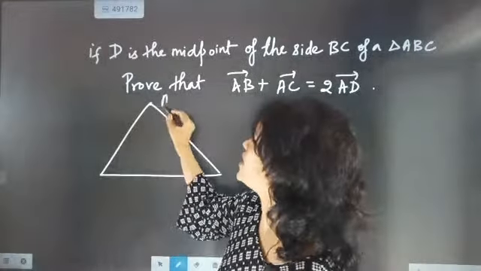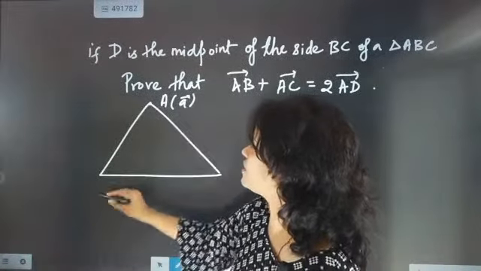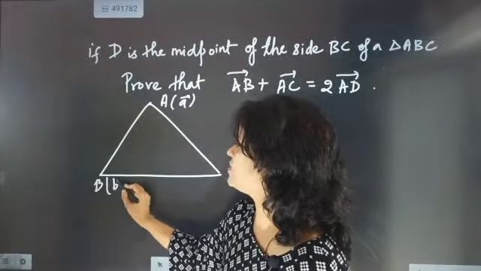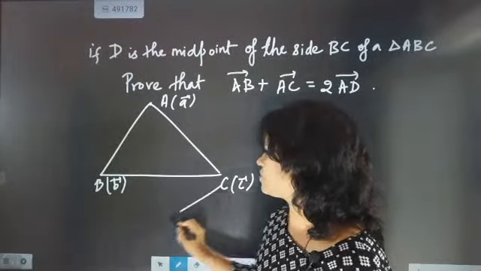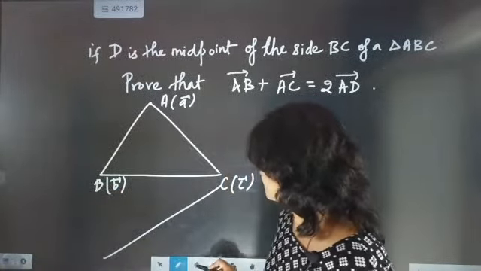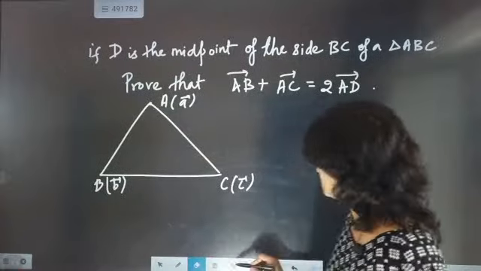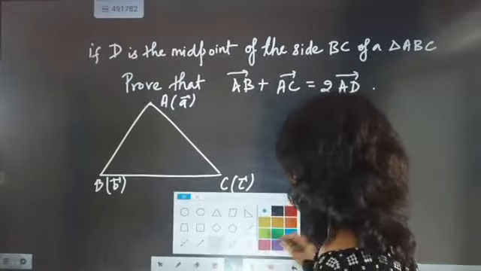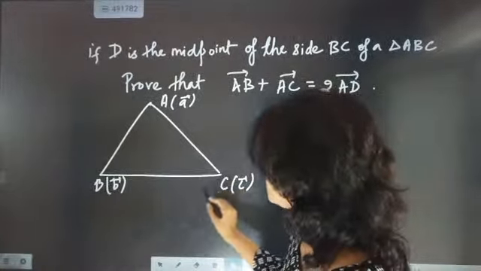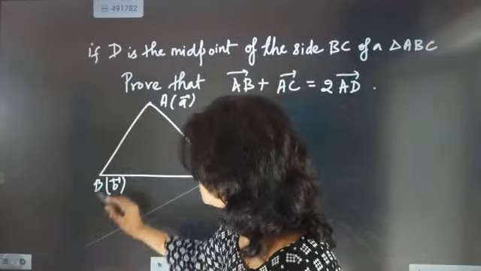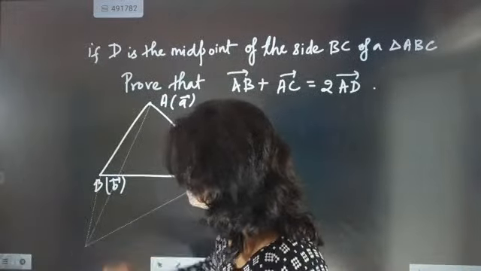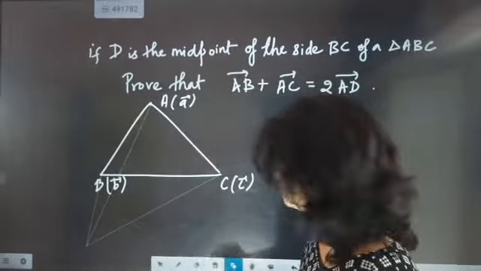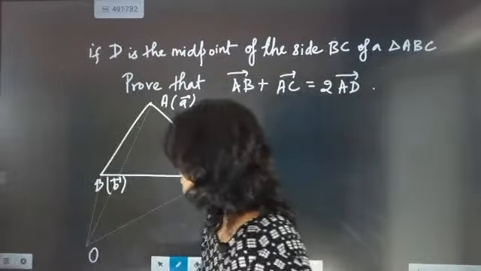So what I am doing is, A will be represented as A vector, B will be represented as B vector, and C will be coming as C vector. I am connecting everything with origin. So origin I have connected.